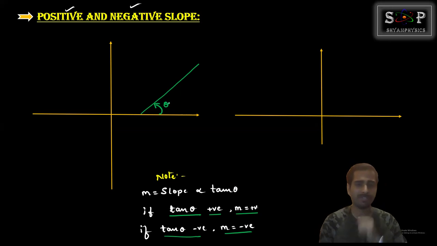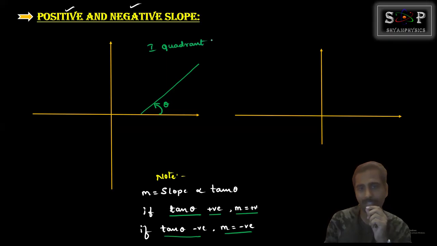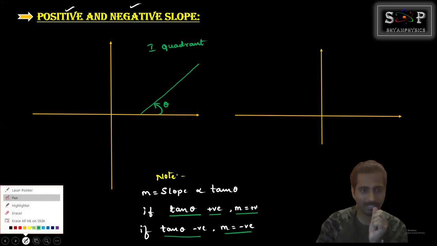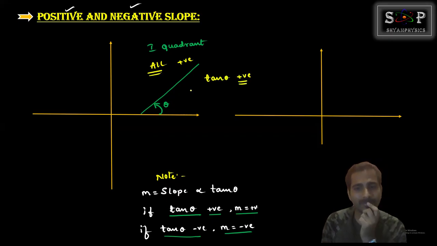Now tell me one thing. This is the first quadrant. In the first quadrant, all trigonometric functions are positive. So in this quadrant tan theta is also positive, and if tan theta is positive, the slope is also positive. I think it is clear.